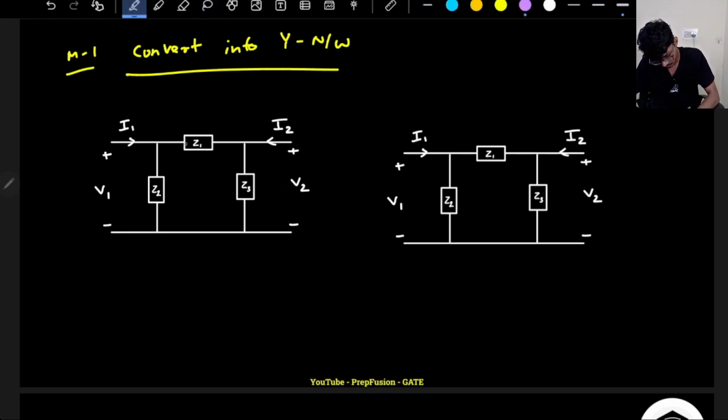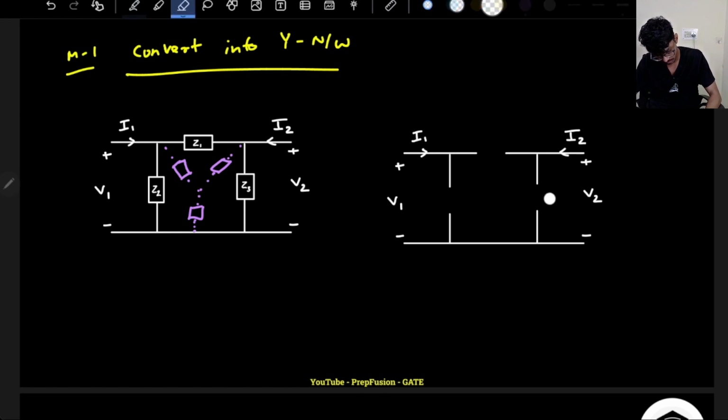So I will have impedance here, and this is a common point, right? After solving for the star network, you will simply be able to find it out. This network will be converted into a star one, so it will be more like a T network.